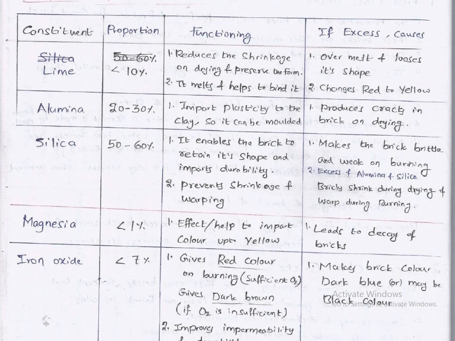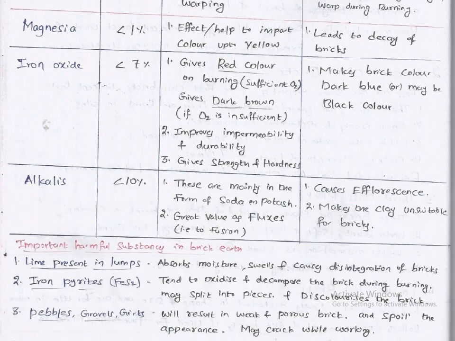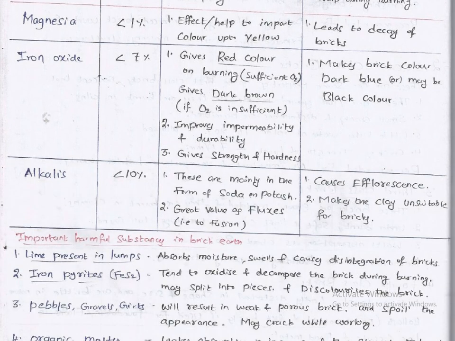If in excess, it makes the brick color dark blue or maybe black. Alkalis are less than 10% in brick. These are mainly in the form of soda and potash. They have great value as fluxes, that is fusion. If in excess, they cause efflorescence and make the clay unsuitable for bricks.